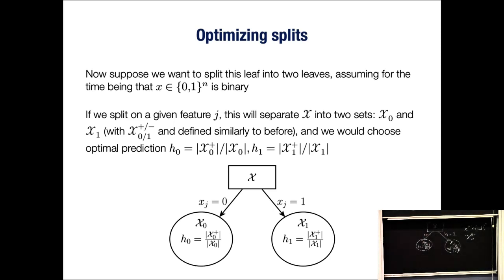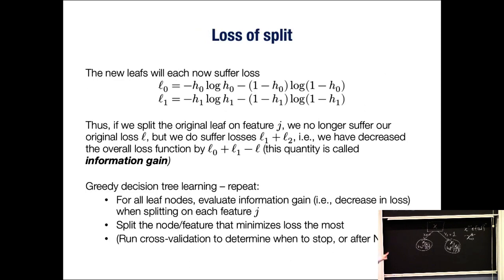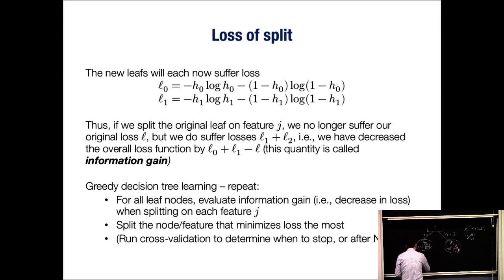And now here's the key point. Each of these new leaves will also suffer some loss. There's going to be a loss that I suffer, according to my loss function, from this node. I'll call it L0, and that's equal to negative h0 log h0 minus (1 minus h0) log (1 minus h0).